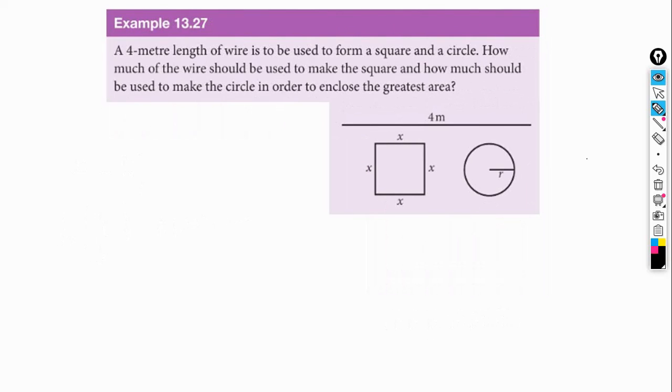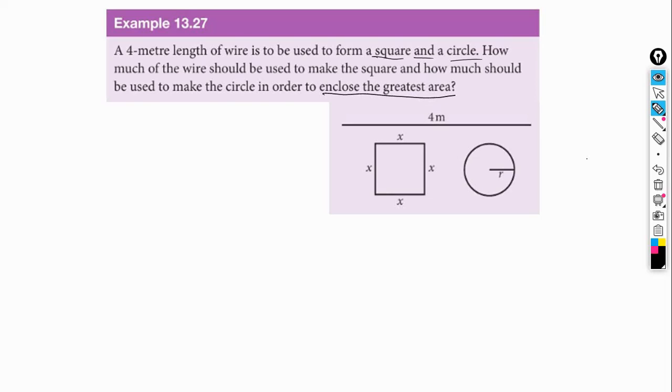All right, so this will be the last example that we'll cover on this video, and it's example 13.27. It says, a 4-meter length of wire is to be used to form a square and a circle. How much of the wire should be used to make the square, and how much should be used to make the circle in order to enclose the greatest area?